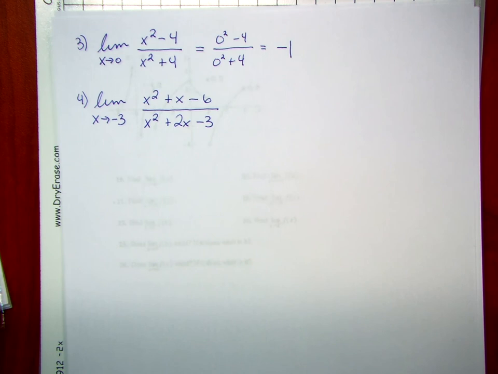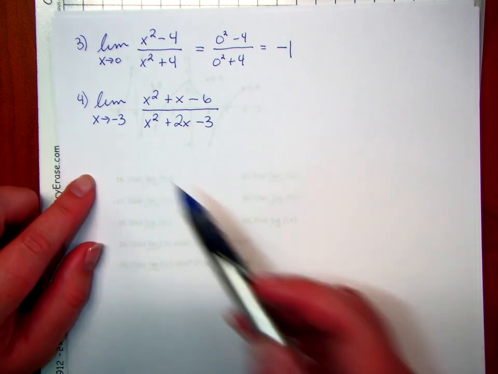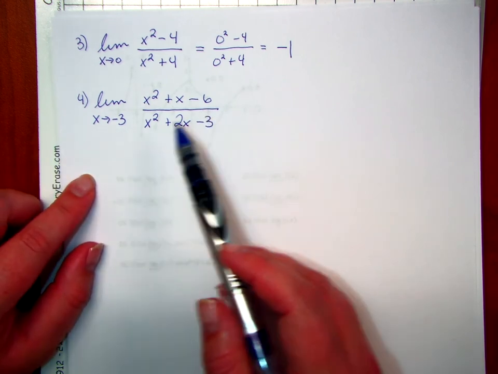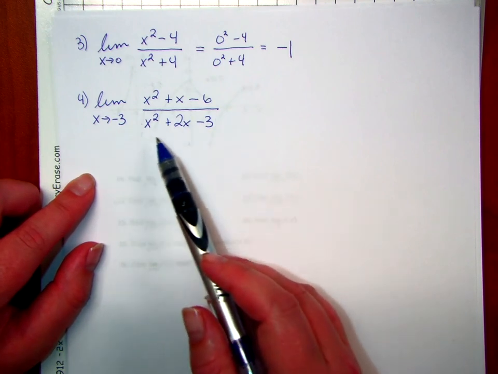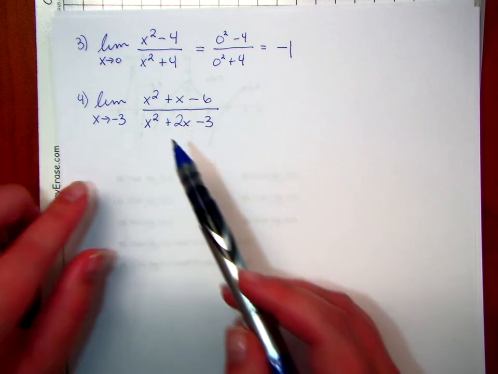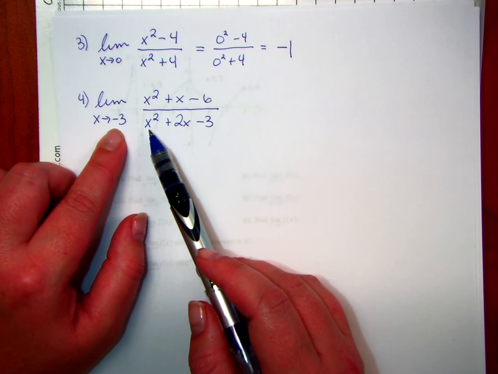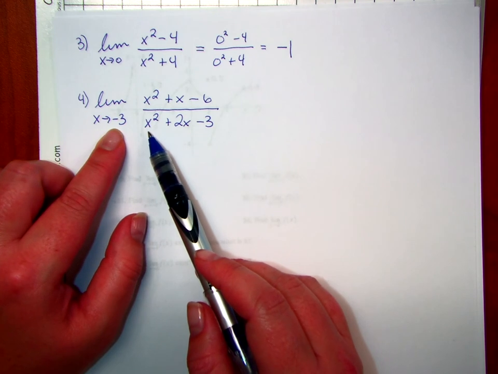So can we evaluate this limit just by plugging negative 3 in? Really the denominator is all that matters. The domain sits here in the denominator. So what if I plug negative 3 in for x into the denominator?